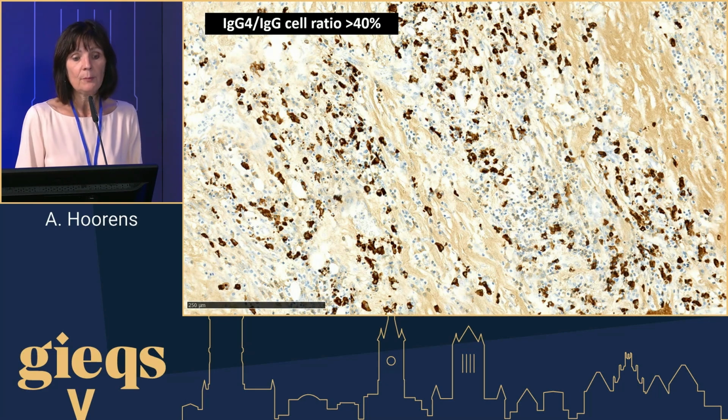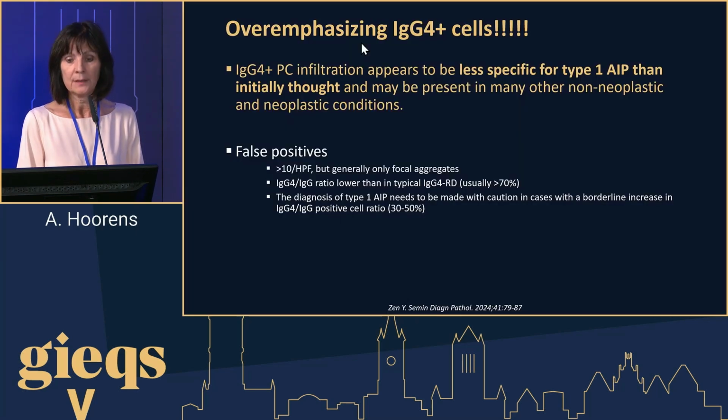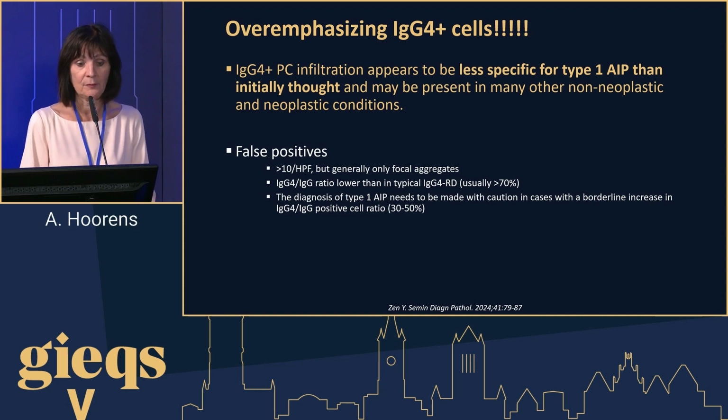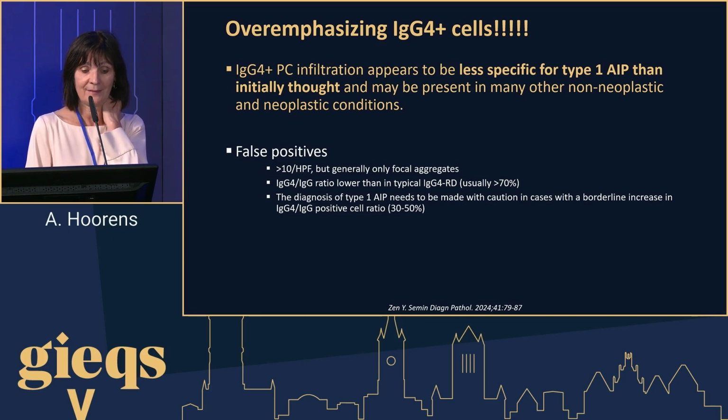Important is a huge number of IgG4 positive plasma cells, and the ratio is important. It should be above 40%, but there is more and more awareness against overemphasizing these IgG4 positive plasma cells. It appears more and more that they are less specific for type 1 autoimmune pancreatitis than initially thought, and may be present in other non-neoplastic as well as neoplastic conditions.